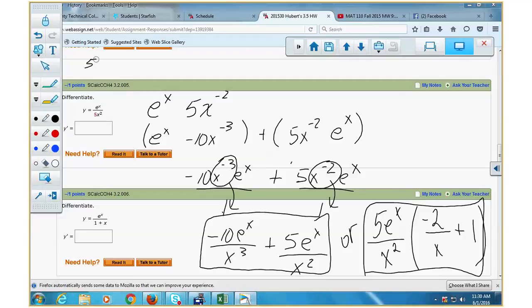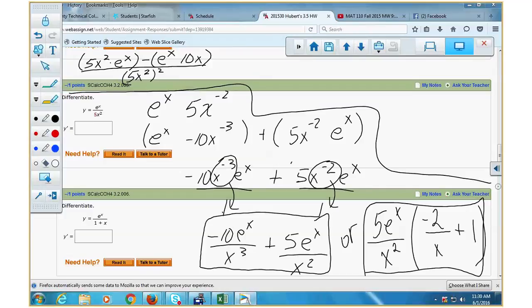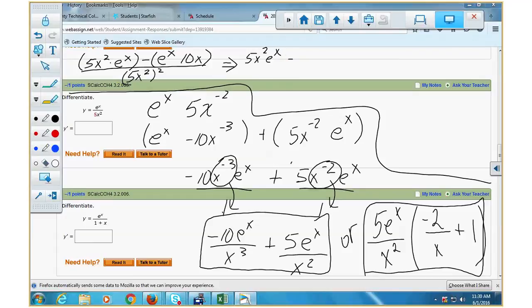Denominator times numerator prime e to the x minus the numerator times the denominator prime over denominator squared, and that's going to give us 5x e to the x, 5x squared minus 10x e to the x, oops, really, e to the x over 25x to the fourth.